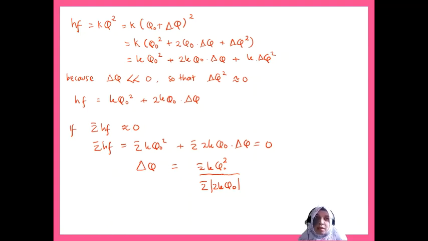So it must have the value of Q in minus Q out is 0. But if there is a number for delta Q, then it is the error.